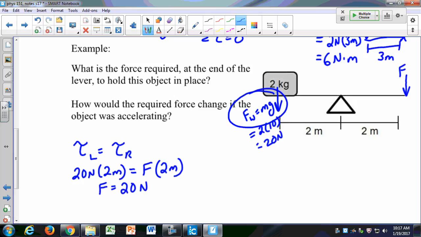All right, now let's say I want to know what force is required right here. What force is required at some point that is equidistant from here to here? So at the halfway point, what is that force?